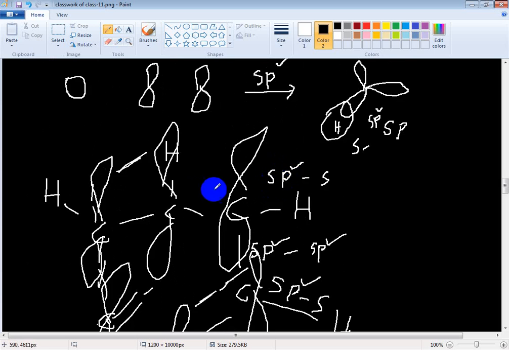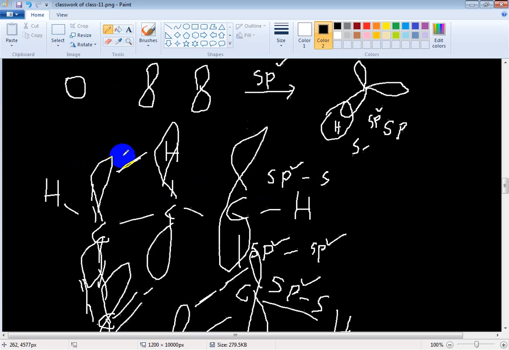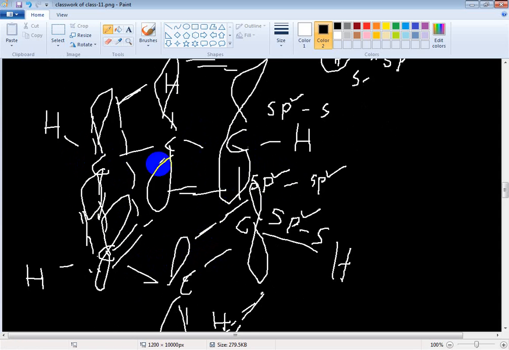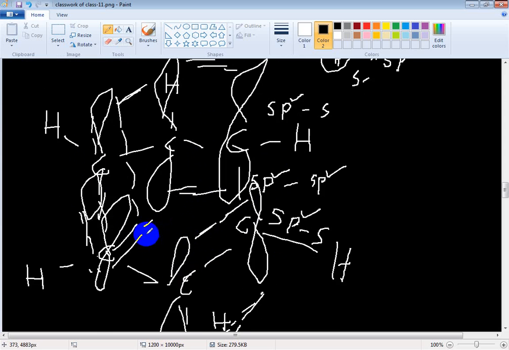Look, here a side by side pi bond forms between this carbon and this carbon. So this is the pi bond. Here I show double bond, double bond, double bond.